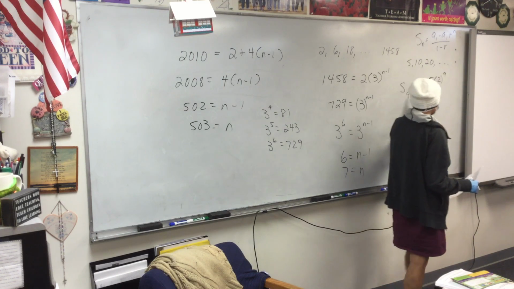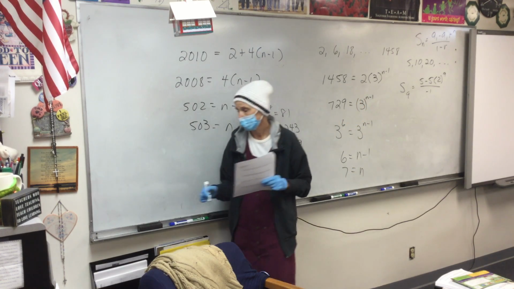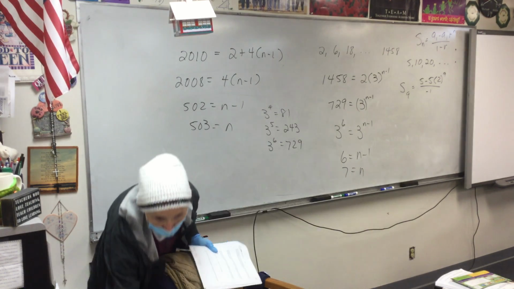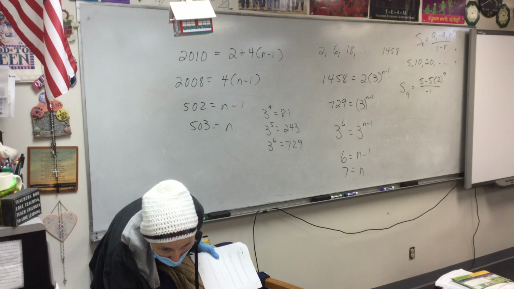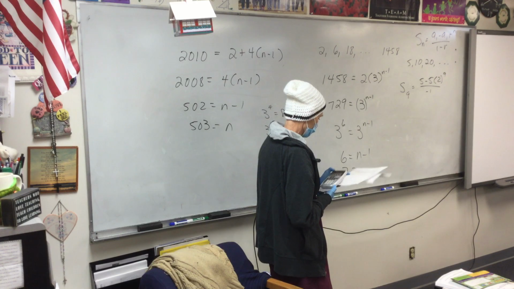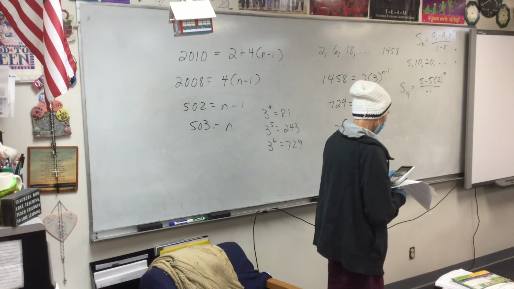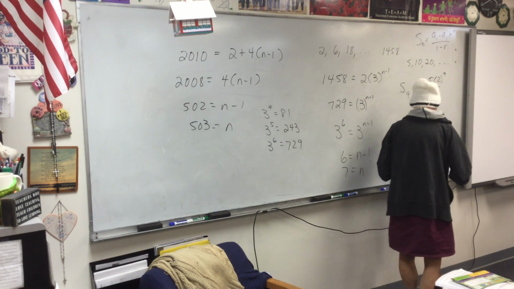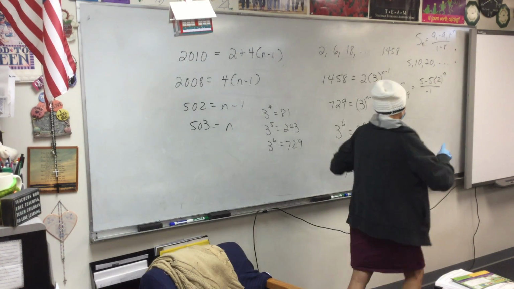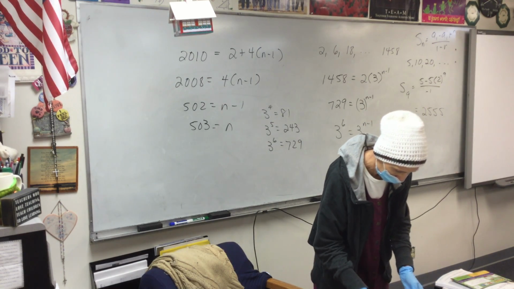Remember when we type these in, we always hit equals before we hit divided by. Did you get 5 by 5? All right.